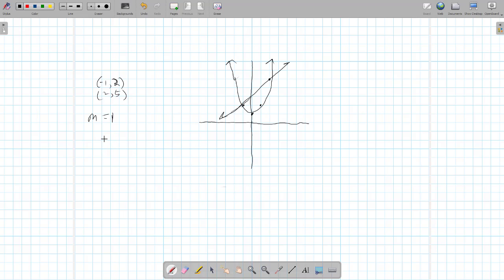So all we got to do is build our equation of our line. Remember, equation of the line is y equals mx plus b. So y equals x plus b. And we just plug in our points. So plug in 2 equals -1 plus b. B equals 3. So our secant line is y equals x plus 3.